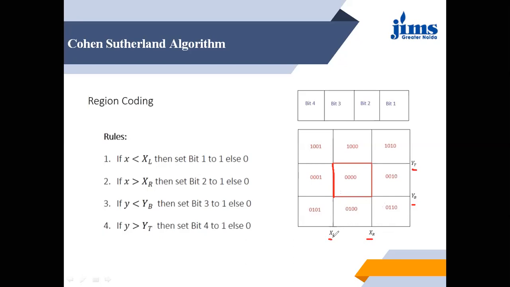XL is the left coordinate on the X axis, this is the right coordinate on the X axis, this is the bottom coordinate on the Y axis, and this is the top coordinate of the Y axis.